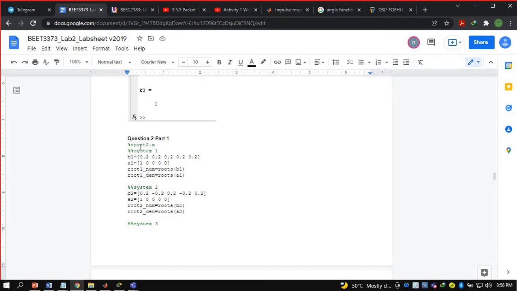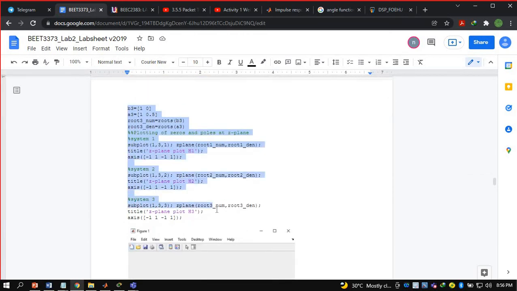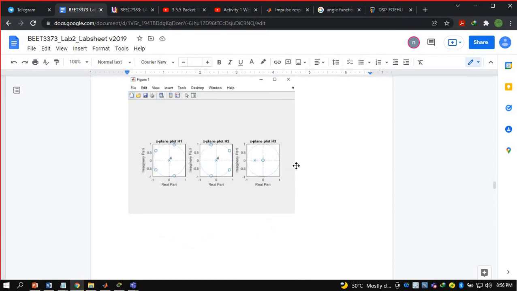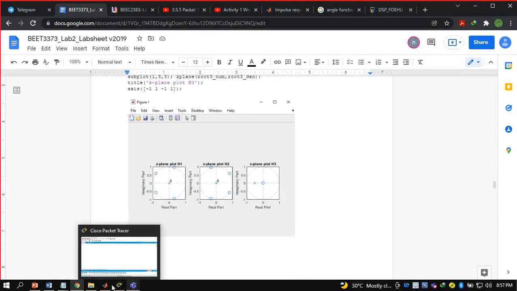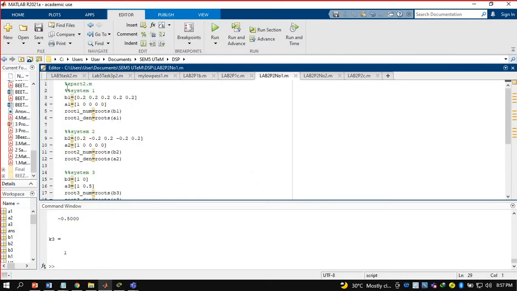Okay, next for question 2 part 1, we use this coding, where we need to plot the Z-plane, plot H1, H2 and H3. So we run the coding.